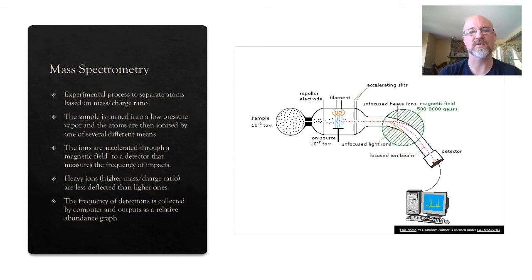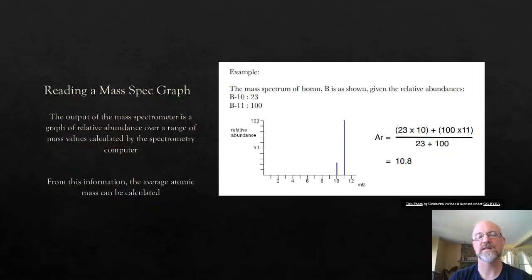Long story short, we put it through this machine, we get results. The results come out as a graph of relative abundance based on the mass to charge ratio.